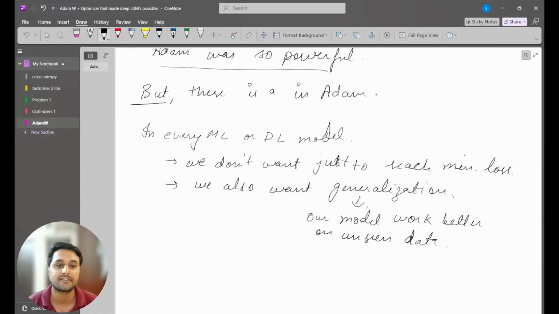So for generalization and to prevent overfitting, what we mostly do in every deep network or deep learning model is use regularization, or we can say weight decay.